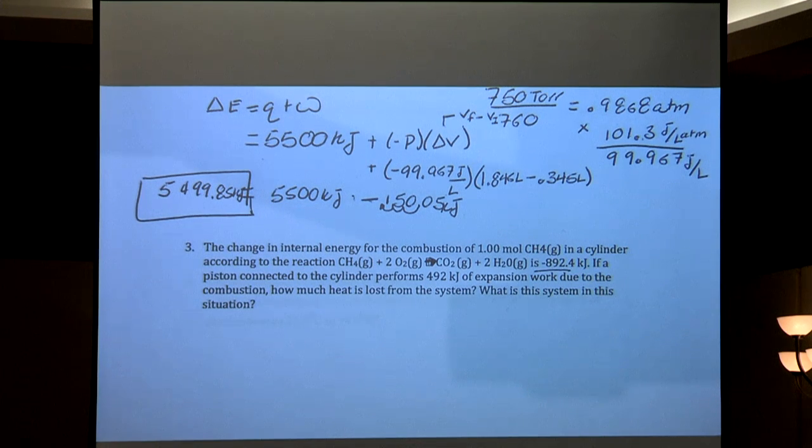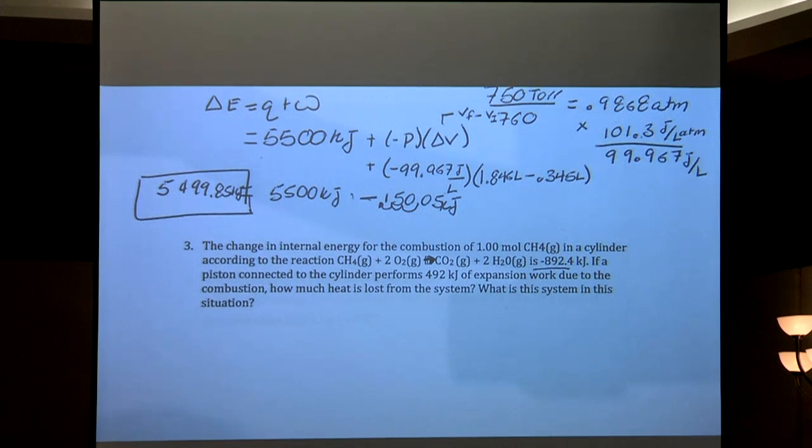If the piston connected to a cylinder performs 492 kilojoules of expansion work due to the combustion, how much heat is lost from the system? What is the system in this situation? All right, let's go over this.